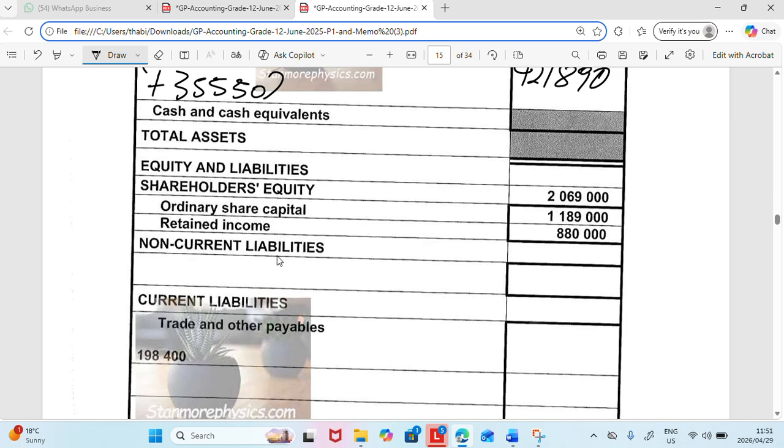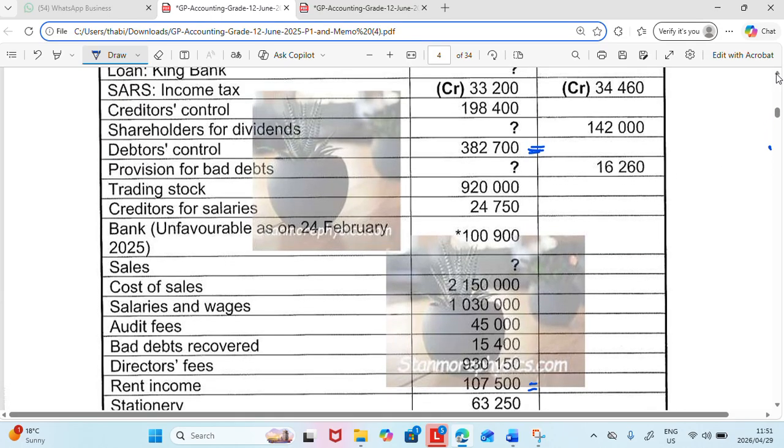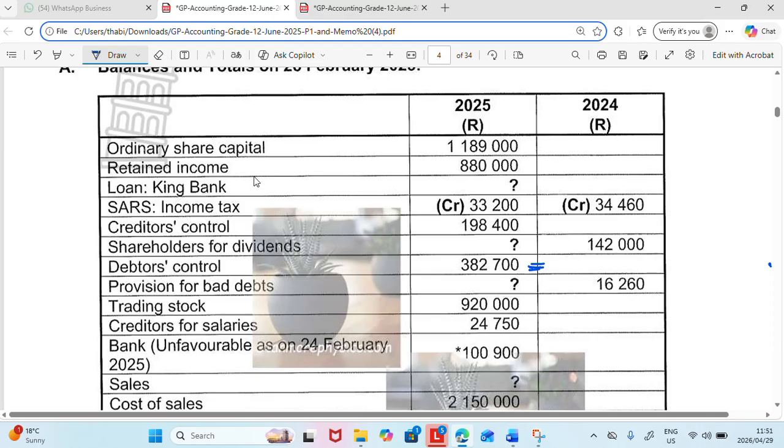So what about non-current liabilities, guys? For this example, we are going to calculate non-current liabilities differently. We know that from our list of balances, look at our list of balances. We have loan from who? King Bank. We have a question mark. We don't know the amount that we owe King Bank. But what do we know?